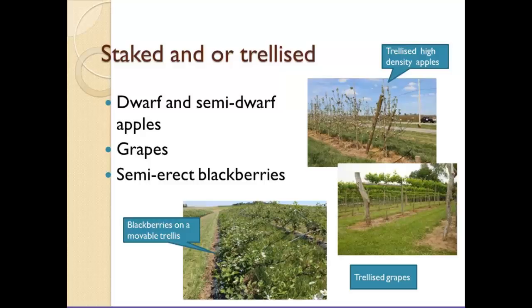Now I'm showing one of the newer methods of growing blackberries in the lower left-hand side. This is a movable arm trellis where it's switched back and forth so that you can lay the blackberries flat and expose one side to the sun so that you can orient all the blossoms to one side. So it's somewhat like growing grapes.